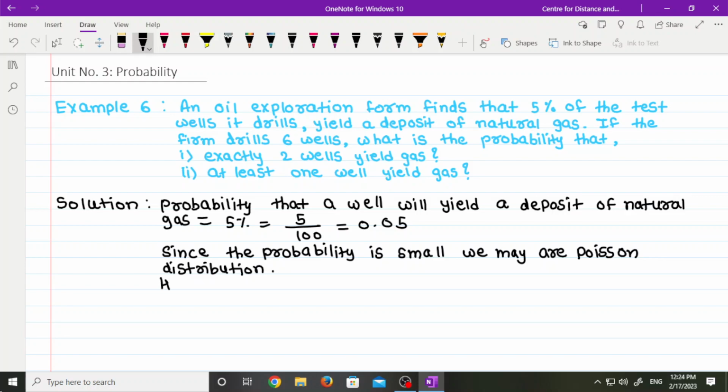Here m is equal to 0.05 into 6, which is equal to 0.3.